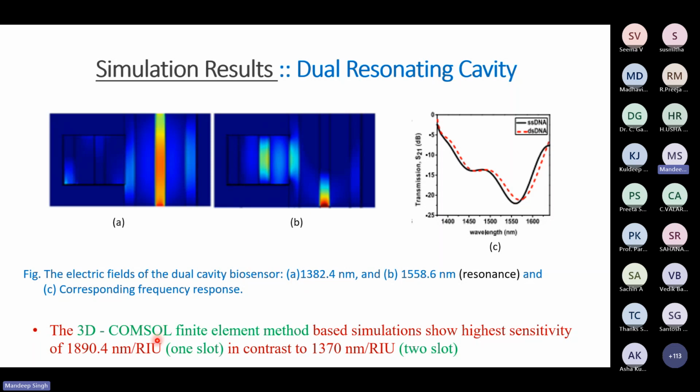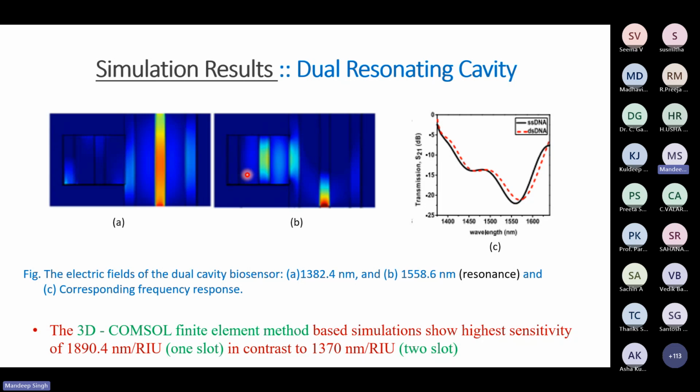As per their numeric values for the sensitivity, for the single resonance cavity it is 90.4 nanometer per RIU, whereas for the dual cavity it is 1370 nanometer per RIU. Now the reason is that if you are using more cavities, there will be some heat loss.